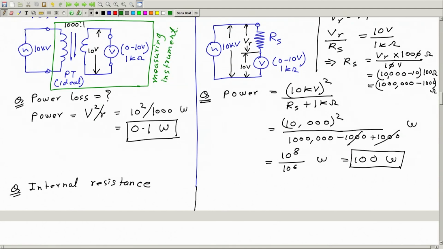Now what is the internal resistance as seen between these 2 points A and B? So this is equal to the resistance between A and B, that you can write as, if this current is I and this voltage is 10 kilovolt, the voltage by current: 10 kilovolt divided by the current I.